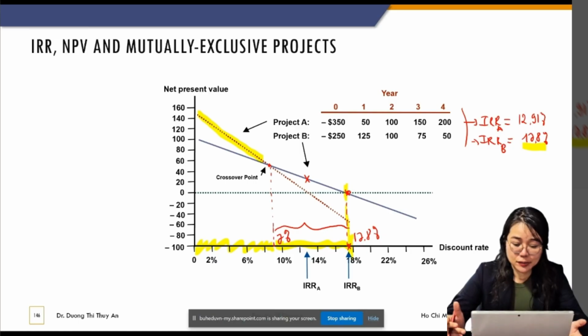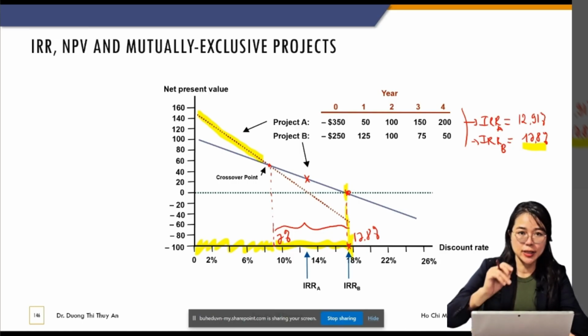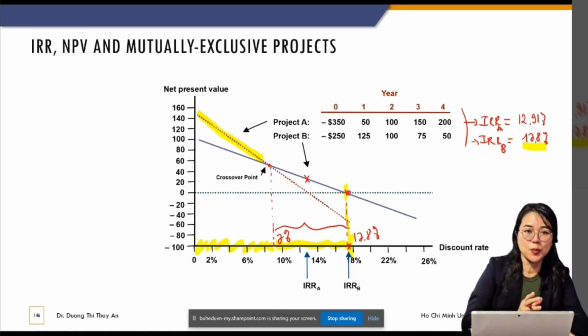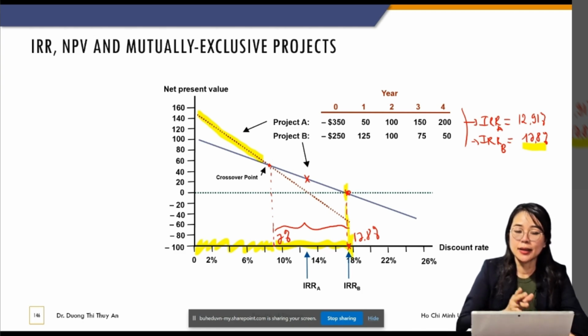So for mutually exclusive projects, we don't choose the project with higher IRR. The key point here is we have to find the cross point at which the two projects have the same NPV and the same discount rate, and see which project has higher NPV below that cross point and which has higher NPV after it. Remember, NPV is the center of the choice, not the IRR.